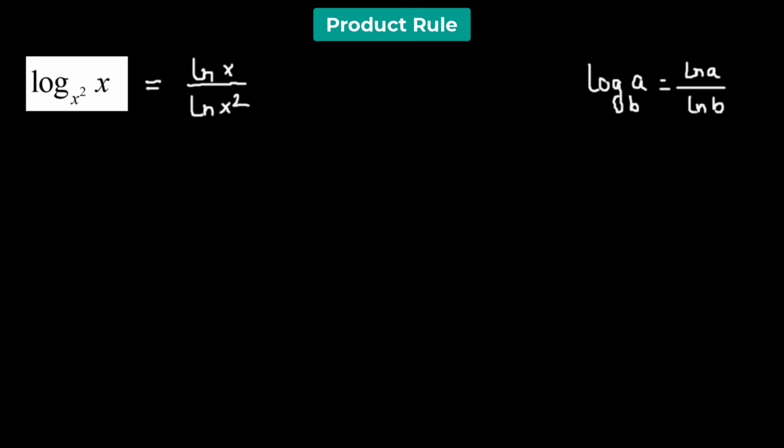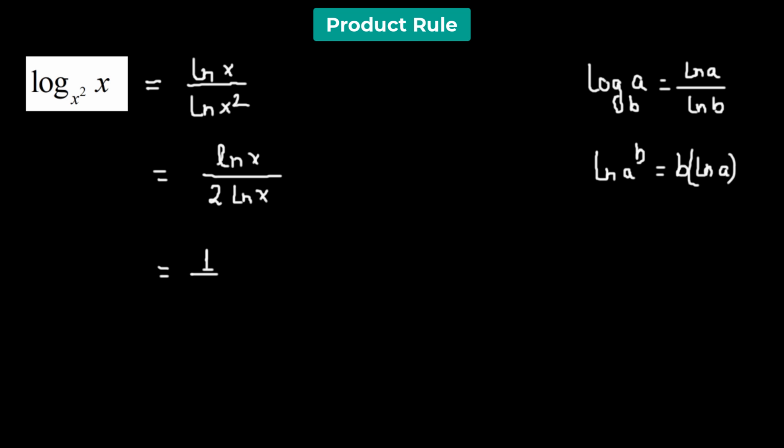Now there's another property of log, which is log of a raised to the power of b is equal to b log of a. Now if we apply this property to the denominator, we have natural log of x divided by 2 times the natural log of x. Now log of x is common to both the numerator and the denominator, so they cancel out, leaving us with half.